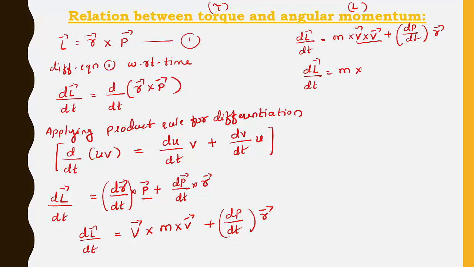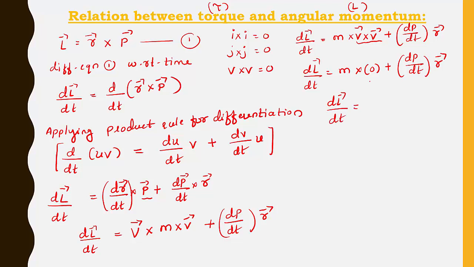We know that in vector product i cross i is equal to 0, j cross j is equal to 0. Similarly, v cross v is equal to 0. So in place of v cross v I can write 0. Remaining keep as it is, dP divided by dt cross vector R. Or this equation can be written as dL by dt equal to m into 0 is 0. Remaining is dP divided by dt cross vector R.